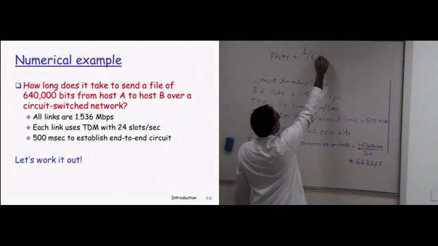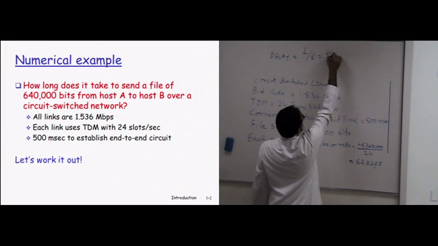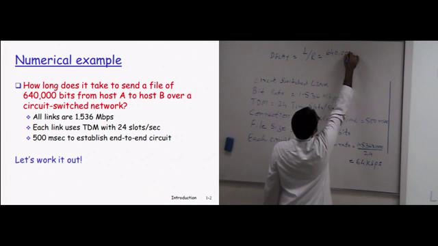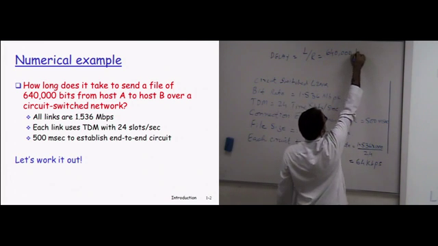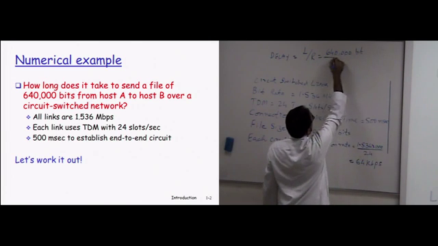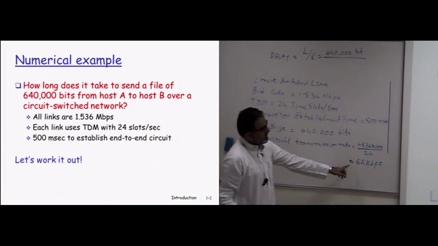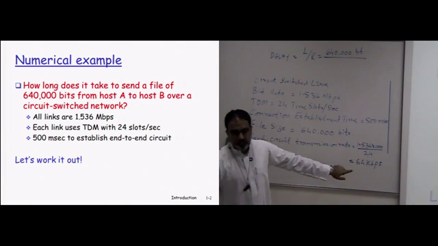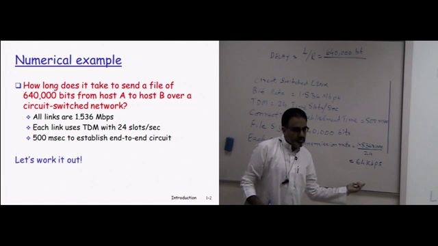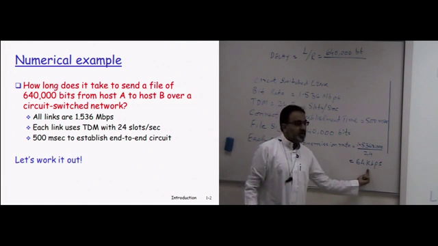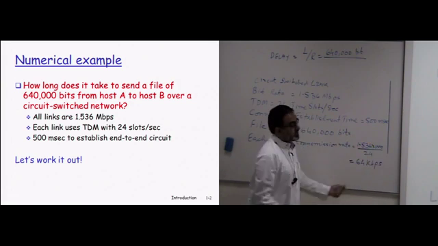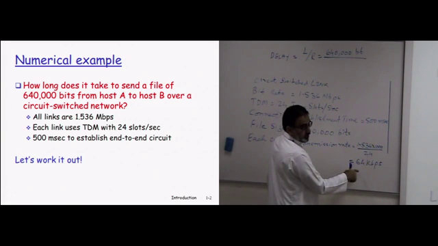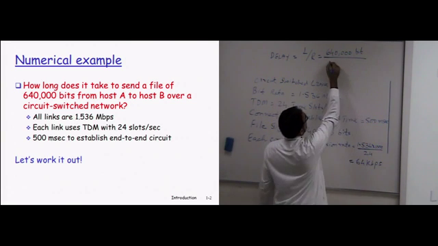What is the size of the file? 640,000 bits. Do remember it is in bits. You have to divide by the data rate, and the data rate here is in kilobits, so you have to convert it into bits by multiplying by 1000. So it will become 64,000. Clear?